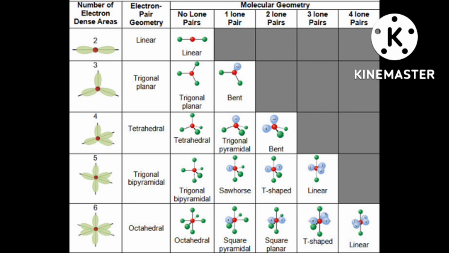Now if 4 bonds are there, AB4, then the angle will be 109.5 degrees.